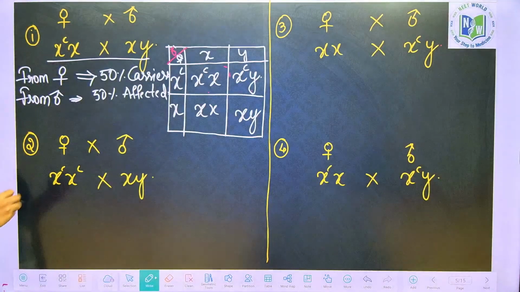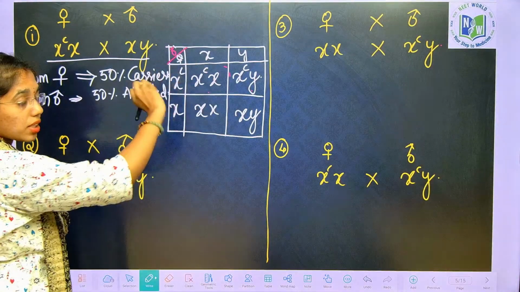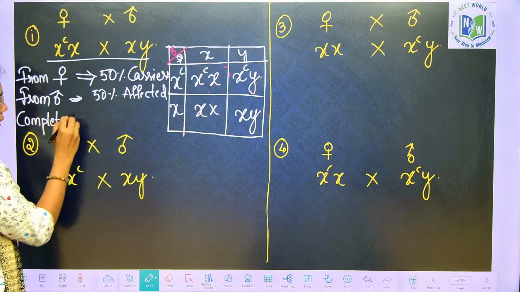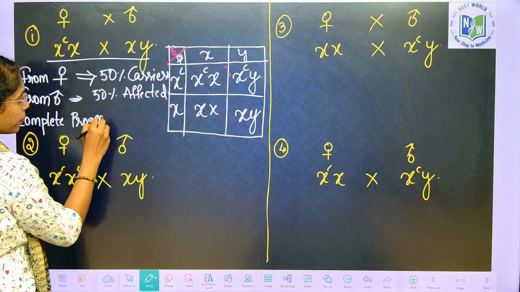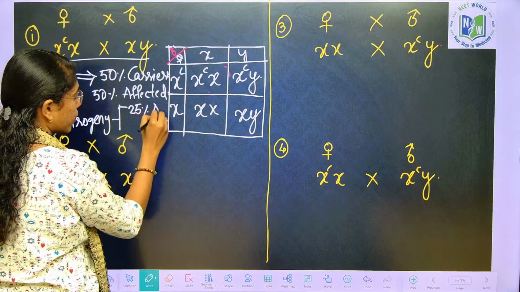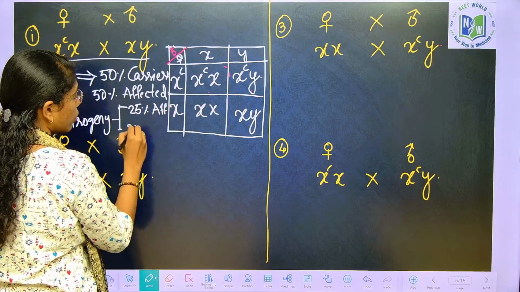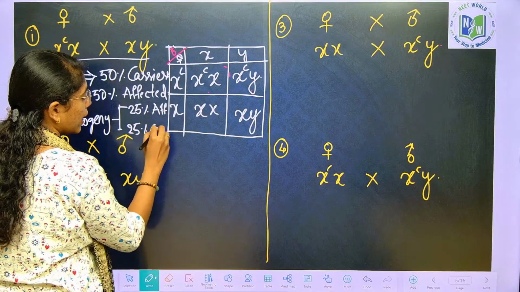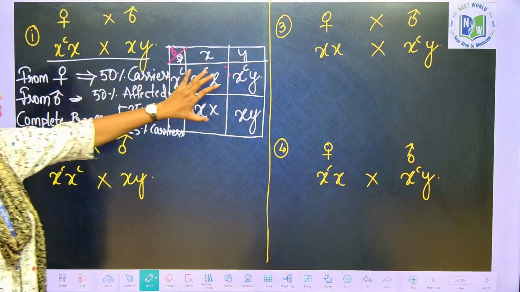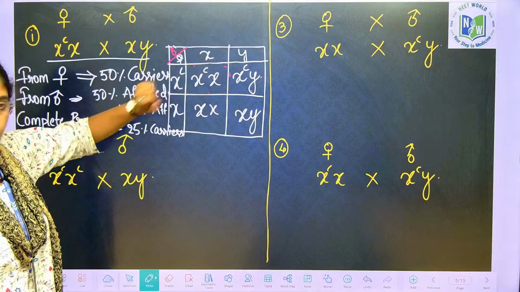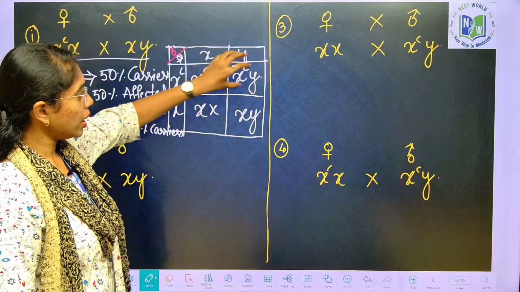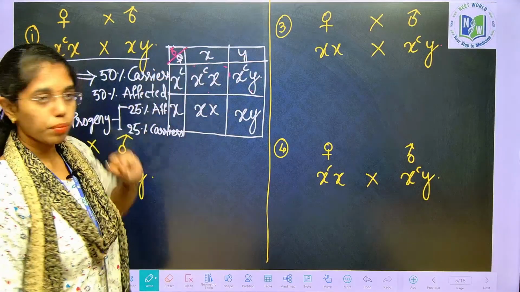And if you have to consider the overall offspring, all progeny, the complete progeny, 25% are affected and 25% will be carriers. Got it, right? So, only from females 50% carriers, only from males 50% affected. From the entire progeny 25% are affected, 25% are carriers.